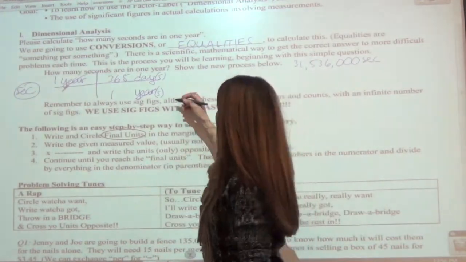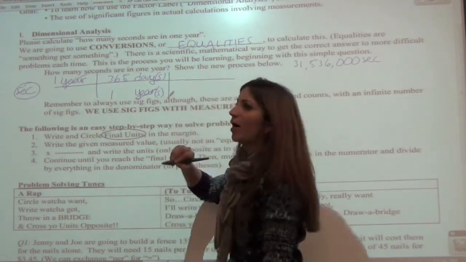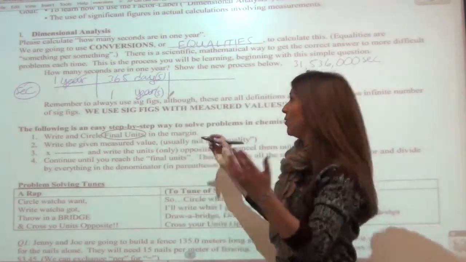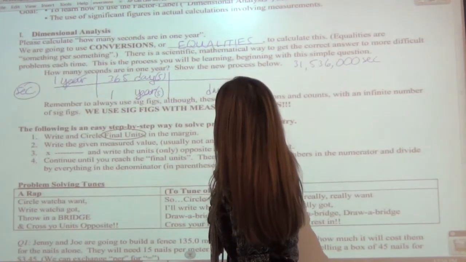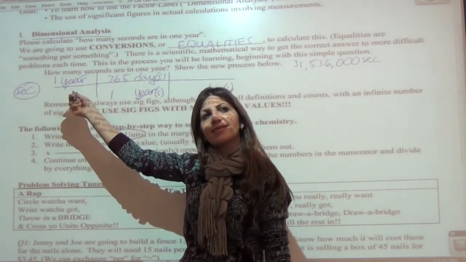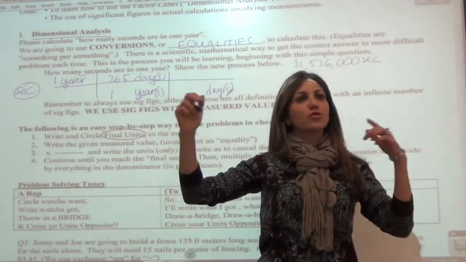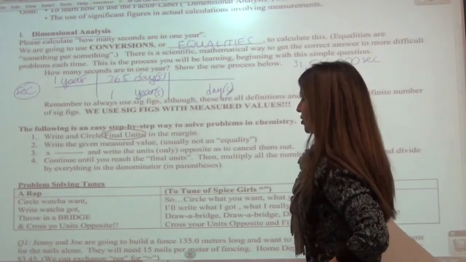Okay, so 1 year is 365 days. I don't want days. So where do I write days if I don't want days? On the bottom, because that will cancel it out. There will be problems where you have a unit in your denominator that you don't want. If that's the case, you're going to write it opposite on top instead of writing it on the bottom. So you can cancel out in both directions too.